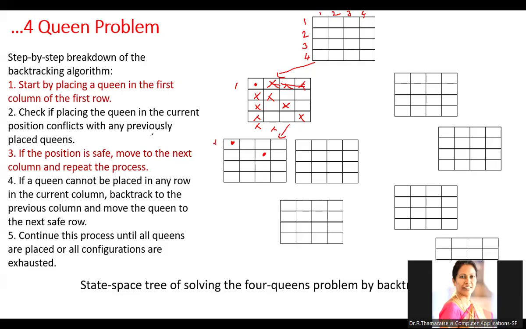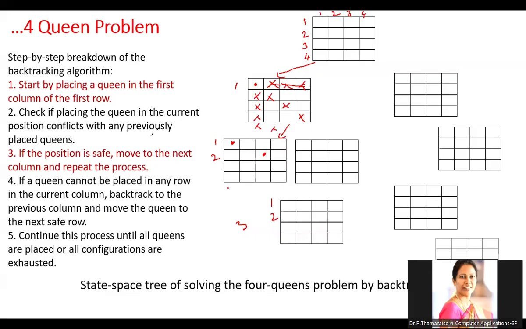First queen over, second queen over, now you are going for the third queen. You have placed the second here, the third should be placed in the third row. Which column? Here you cannot have it because of the diagonal, here you cannot because of the same column, and here you cannot because of the diagonal.